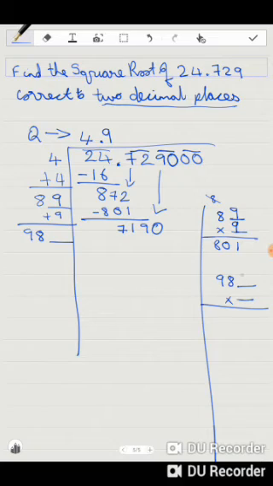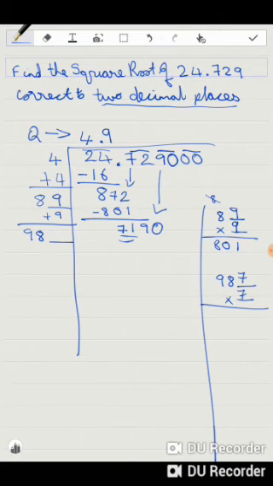But if I put 0, 980 into 0 will give me 0. 981 into 1 is 981, but I need 7190. That's quite a big number. See, if I look at 71 and 9, 9 into what gives you a number close to 71? 7. So let me try 7.